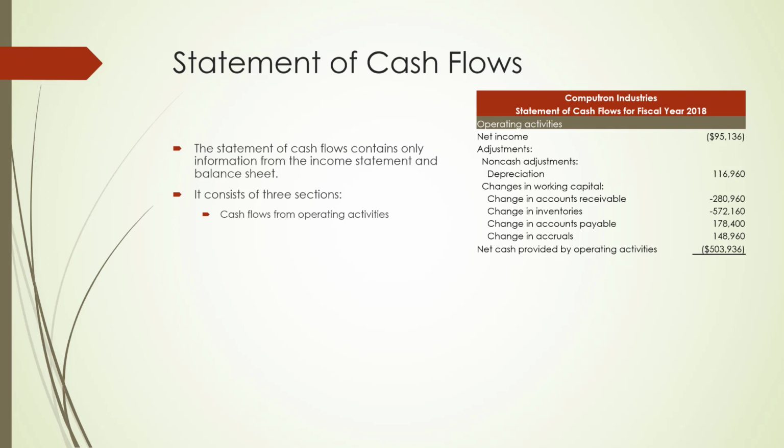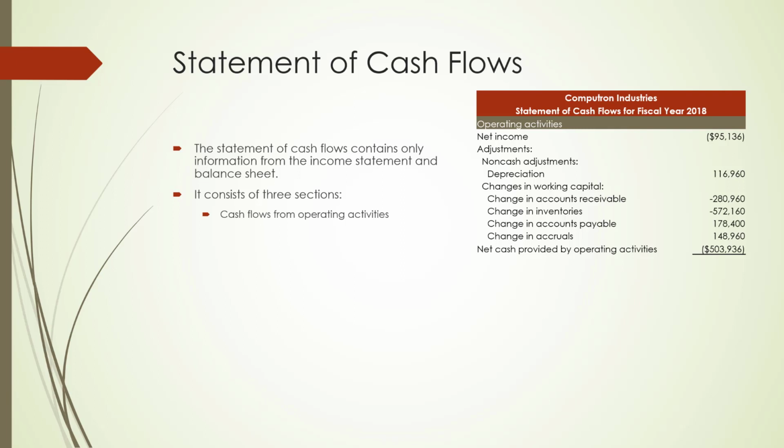And in this case, cash provided by operations is negative $503,936. Clearly, that is the kind of a situation that is not sustainable in the long run. You cannot have your basic business burning cash like that.